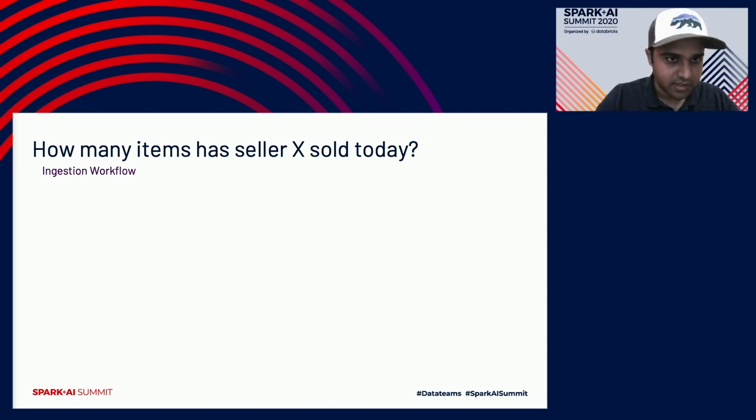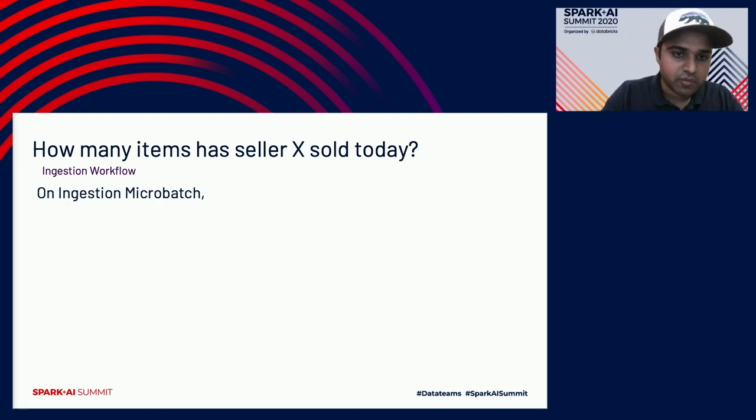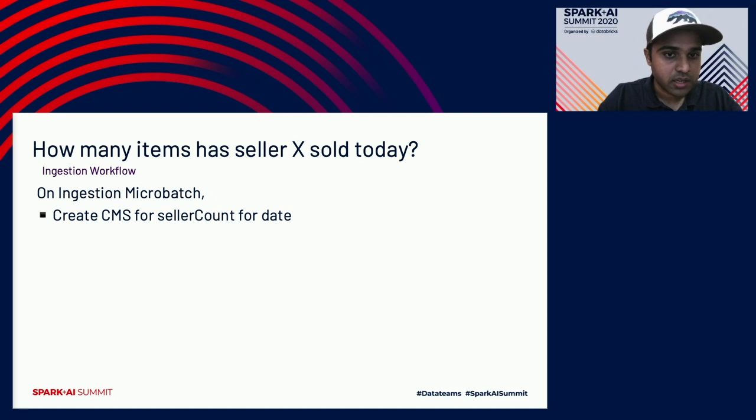So going in with the same workflow, the end-to-end design that we have, let's look at the ingestion workflow for this. For the ingestion micro batch, we're going to create a count-min sketch for the seller count per date.